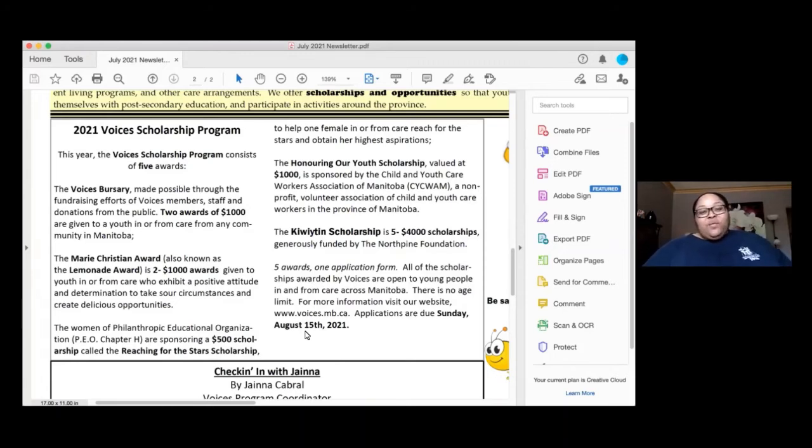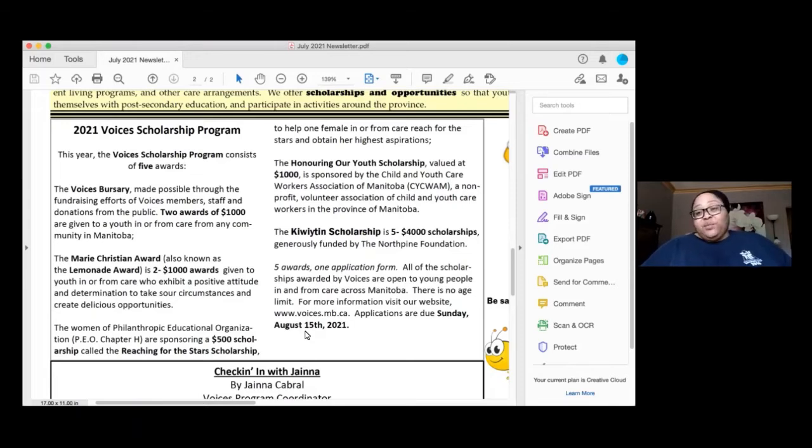So when I was given the opportunity to start an award in my name, I chose to call it the Lemonade Award. And this year it's 2 awards of $1,000. We have the $500 scholarship funded by the Philanthropic Education Organization and a $1,000 scholarship funded by the Child and Youth Care Workers Association.